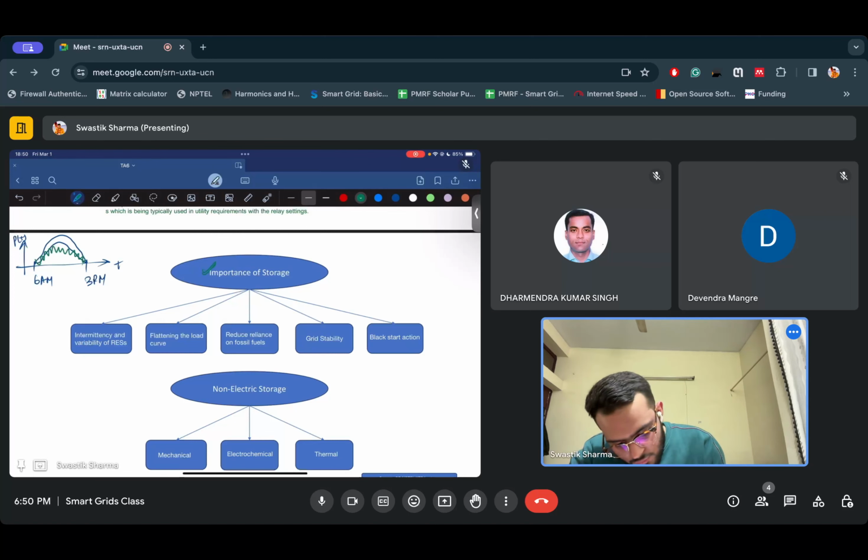So what storage can do is sense this intermittency and variability. What we want is a perfectly normal output from this. And how will we be able to achieve that? We'll supply power during this phase through the storage.